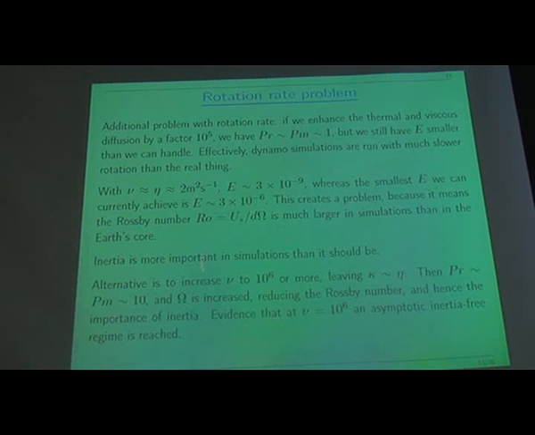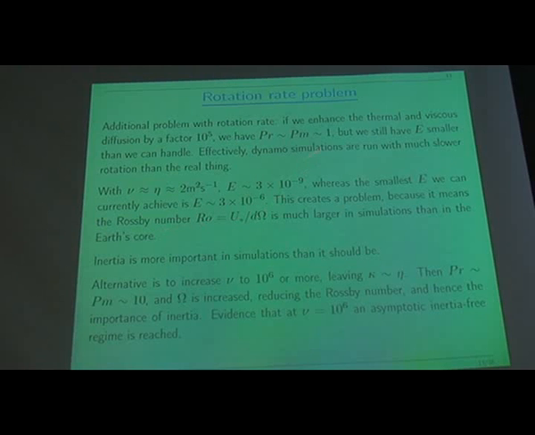Now, there's another problem which has had less headline coverage than the standard problem of the much enhanced diffusivities. There's yet another problem, which is that even if you take mu and eta and kappa all the same, with turbulent values of about 2 meters squared per second, then the Ekman number turns out about 3 times 10 to the minus 9, as I mentioned before, whereas the smallest E's you can get are in the region of 10 to the minus 6, so perhaps down to 10 to the minus 7 by really pushing it.